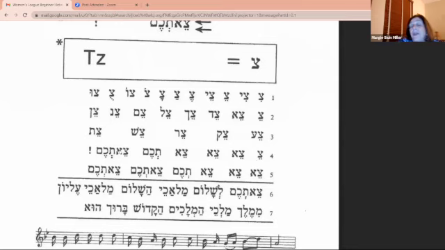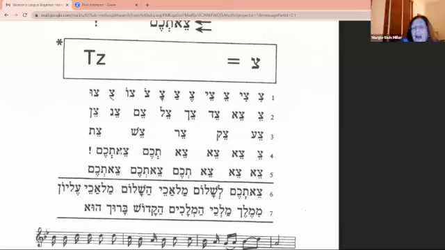Well, there is line 3. There's the tzadi and the ayin has no sound. So it's just tza. Why is the ayin there? We don't know. Tza, tza, tza, tzak, tzar, tza, tzat. It's a little tongue twisty-ish until you put it in a word.